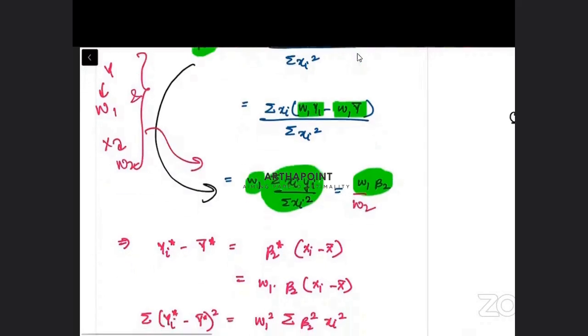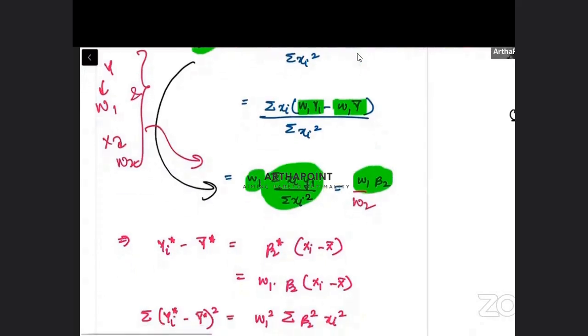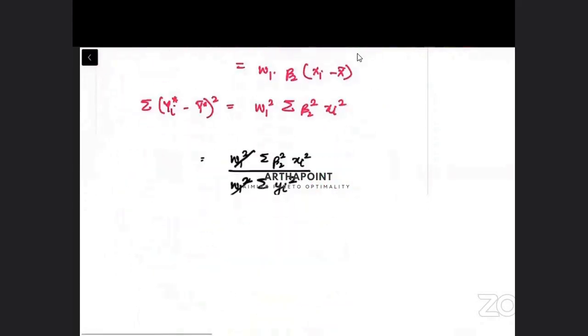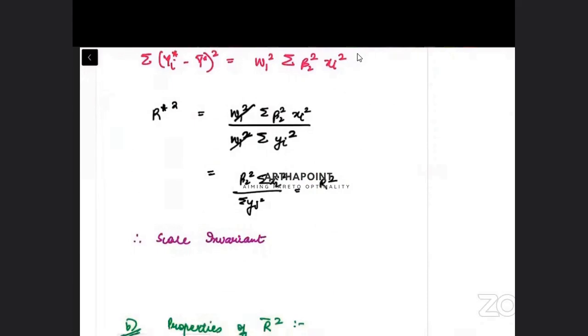But you have to check how the slope changes as you scale both x's and y's. हर एक का scale invariant property पता होना जरूरी है. So in this case, we are saying that r square is not affected by scale. जो पुराना r square आ रहा था और जो नया r square आ रहा है वो same ही है. So therefore it is scale invariant.